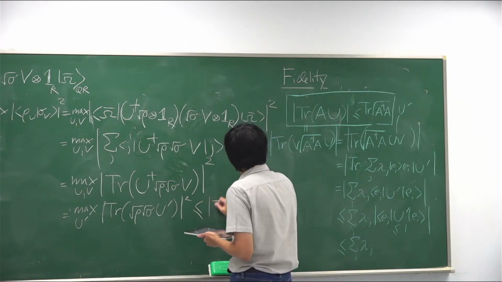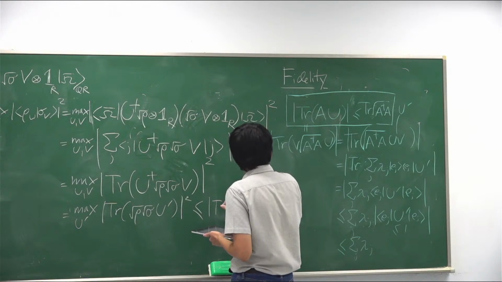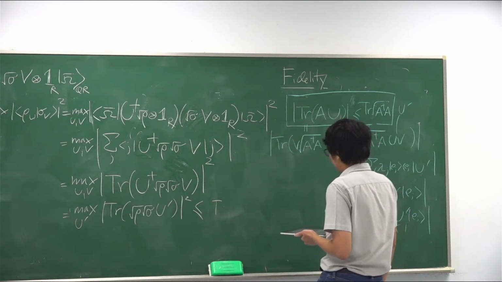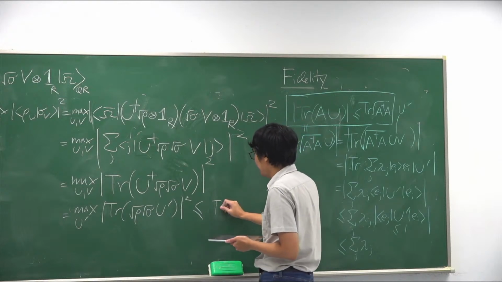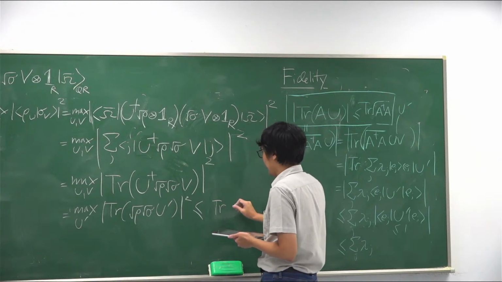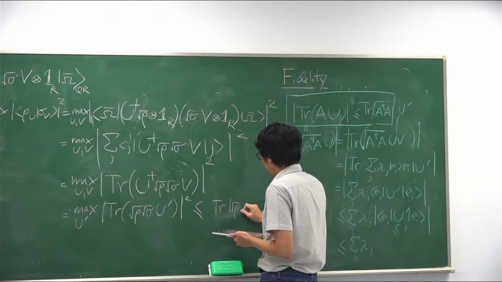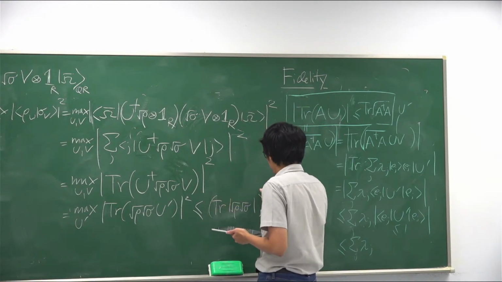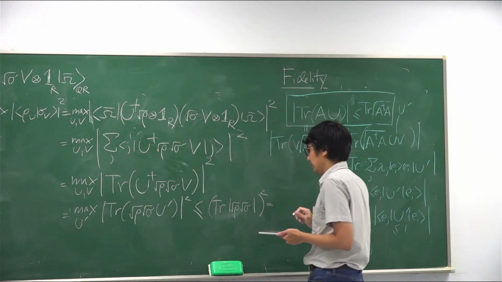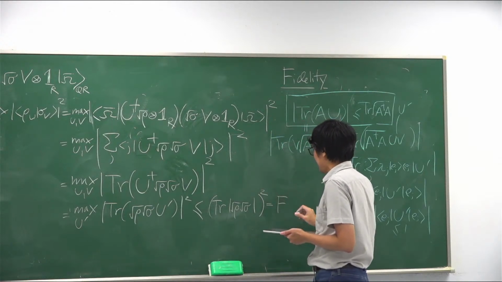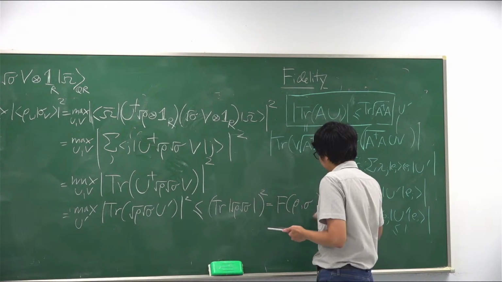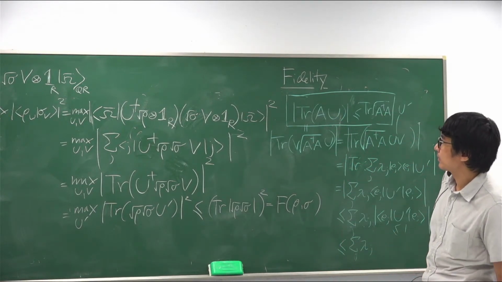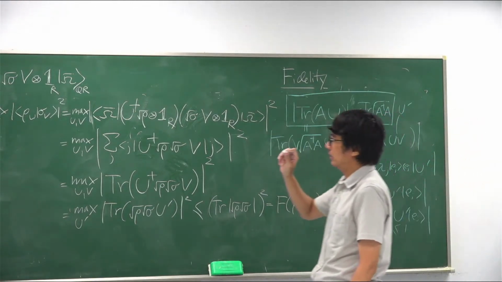Okay, the absolute value disappears, and then I would have this that we want actually. Yeah, and this is the fidelity between the two density matrices over there.